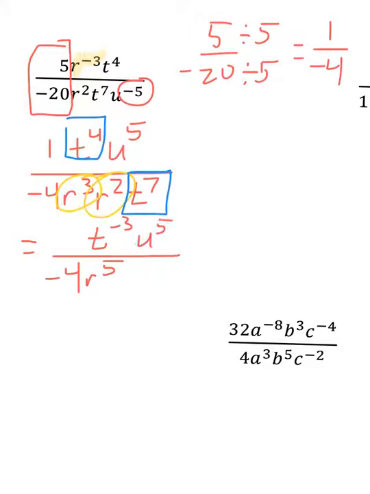All right, we are closer, but still not quite done because now our t is unhappy in the numerator. So we are going to move him back to the denominator. So on the top, we should just have our u to the 5th. Then we have our negative 4, r to the 5th, t cubed is going to be in our denominator. And that is our final answer.